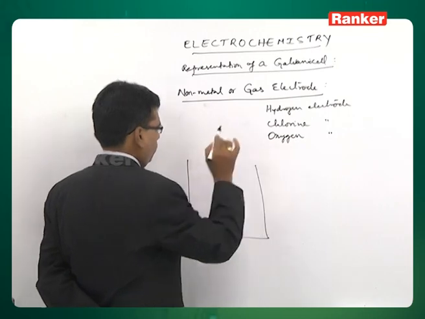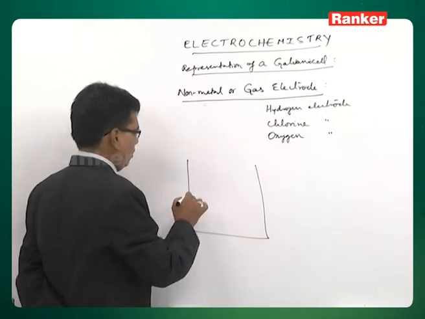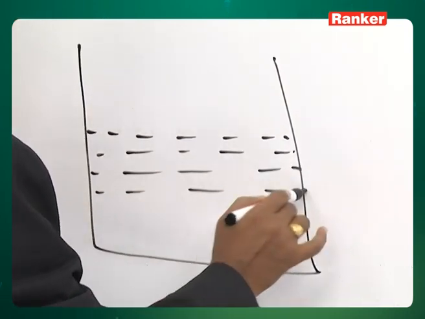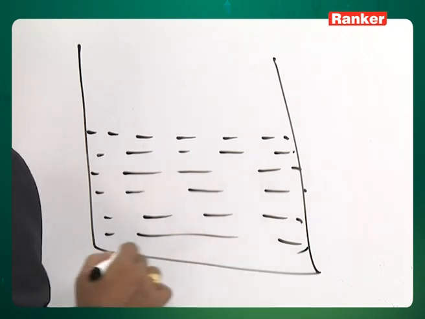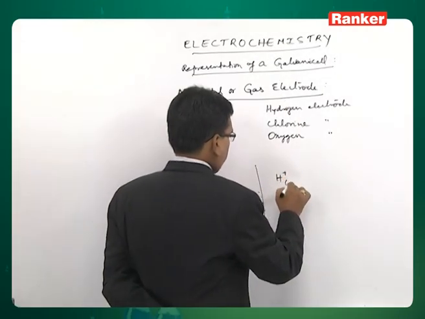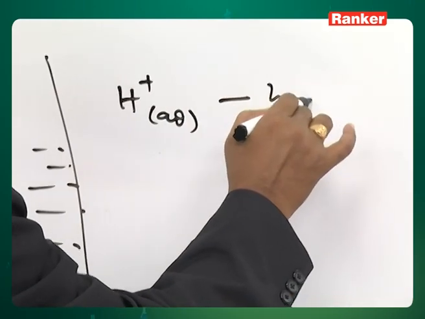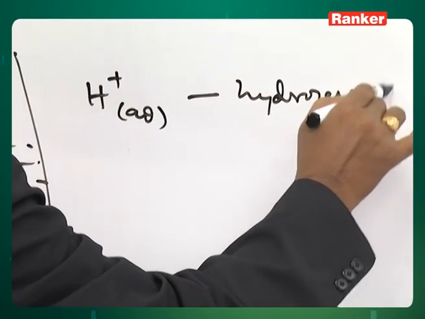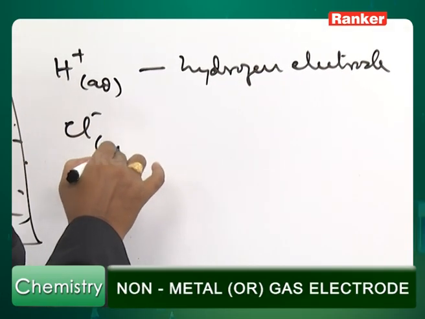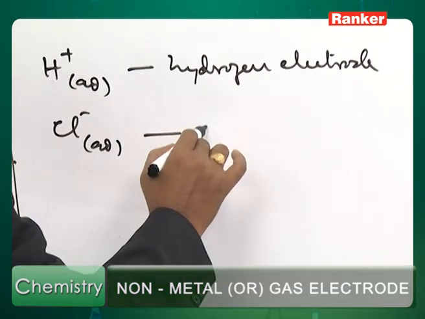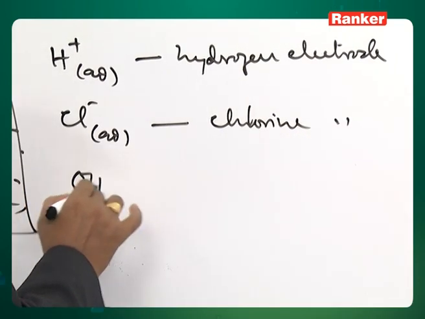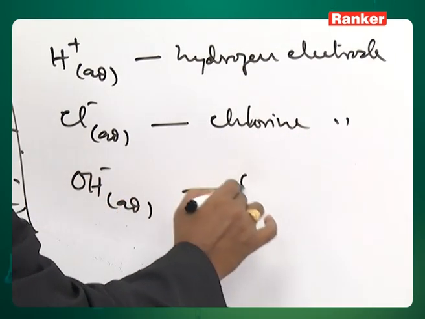Of course, we take a vessel in which a solution of a non-metal ion, like aqueous H plus ion for a hydrogen electrode, a solution of aqueous chloride ion for a chlorine electrode, a solution of hydroxide ion for an oxygen electrode.